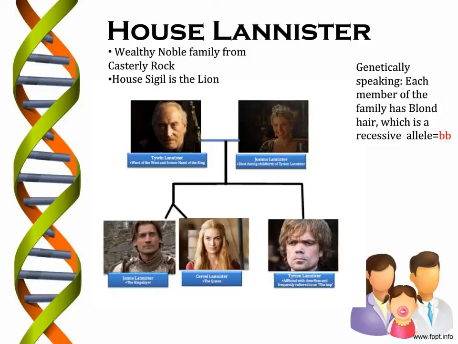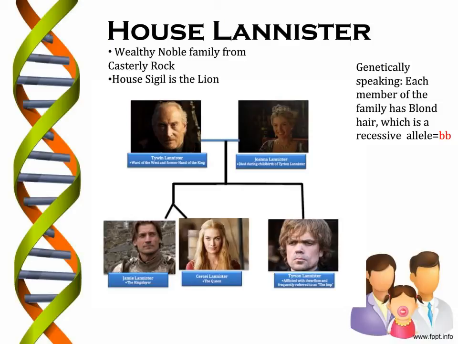They produced 3 children. The twins are Jaime Lannister and Cersei Lannister. They're fraternal twins. And Tyrion Lannister. Joanna, the mother, actually died in childbirth while giving birth to Tyrion Lannister. Tyrion is also a dwarf, and he's frequently referred to as the Imp.